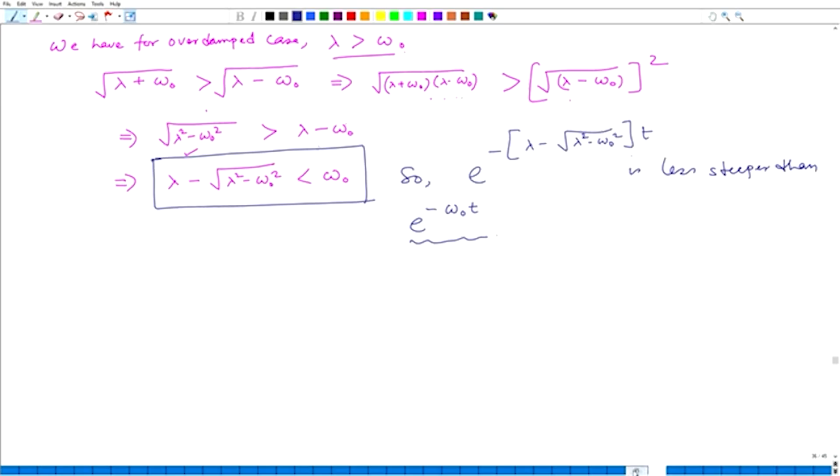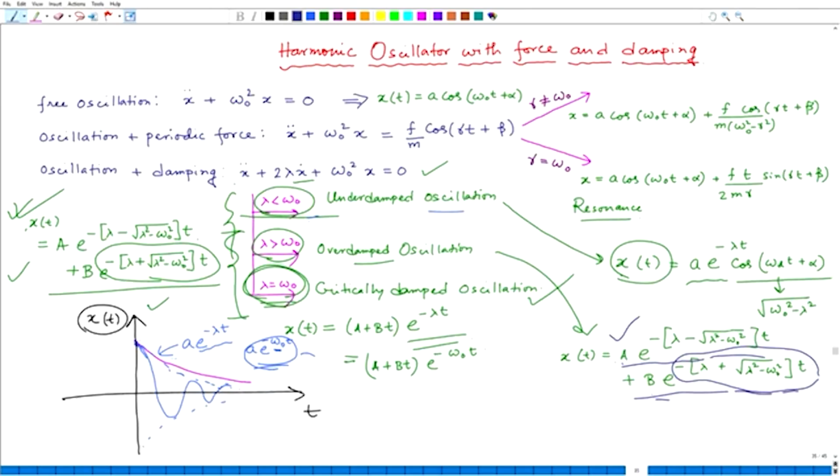Finally, when you have critically damped motion, then for the first time lambda is equal to omega 0, and omega 0 for an oscillator is fixed. It is independent of the medium's viscosity, and also independent of the nature of the forcing.